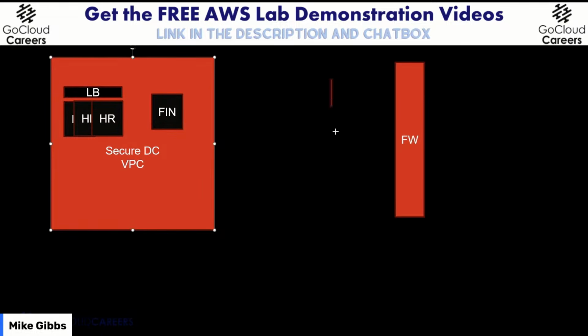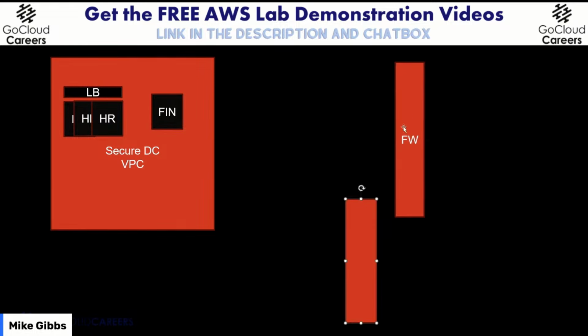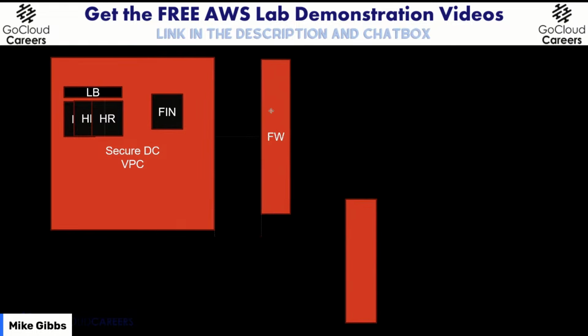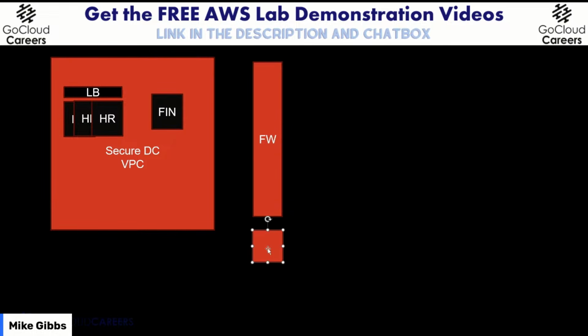The firewall would be here, and the firewall will block all incoming traffic. So all incoming traffic is blocked at the firewall. Now we might take the firewall and create a subnet off of the firewall and pop a load balancer over here. Say a network load balancer, it doesn't matter. And then behind the load balancer, we might have some web servers.